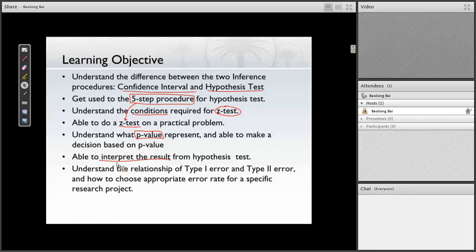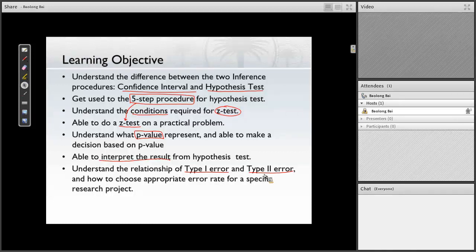Okay. And then lastly, in hypothesis tests, we're going to make a decision to say some claim is true or false, but we always have a chance of committing error. We're never going to be 100% sure of whatever we decide in the statistical process. Okay? So you need to understand type 1 error and type 2 error.